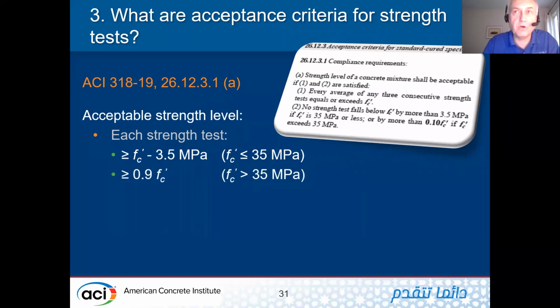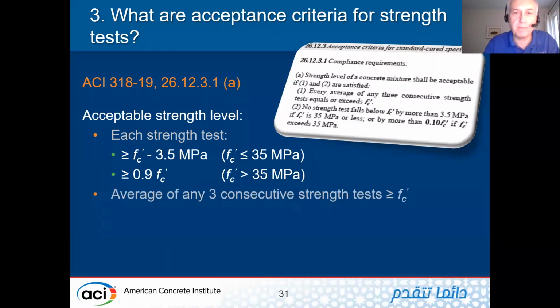And if it is for concrete with specified strength greater than 35 MPa, it has to be greater than or equal to 90% of that specified strength. So this is the acceptance strength level for each strength test conducted on concrete in question.